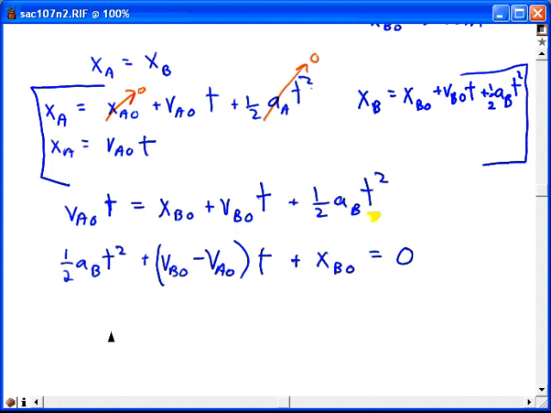Solve that for t. I've got t. It's going to be equal to minus this.